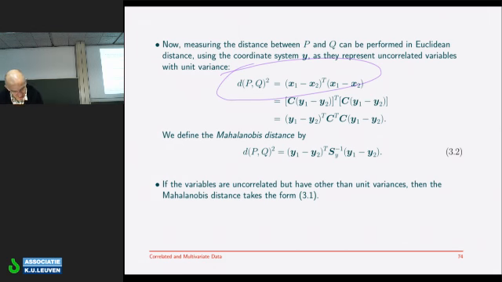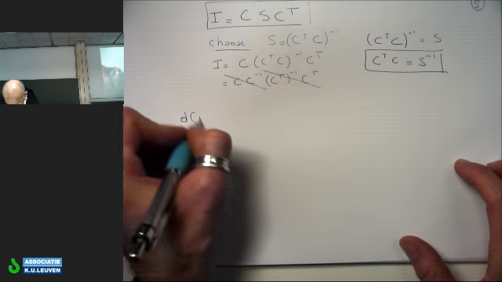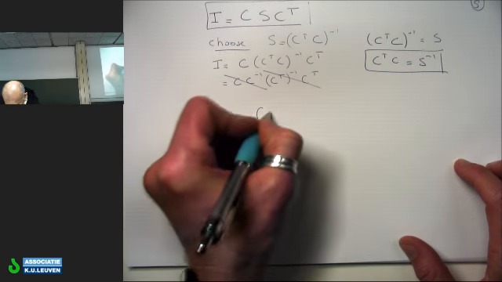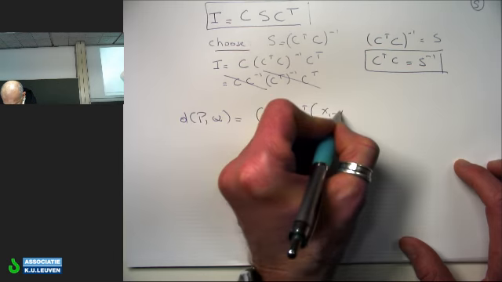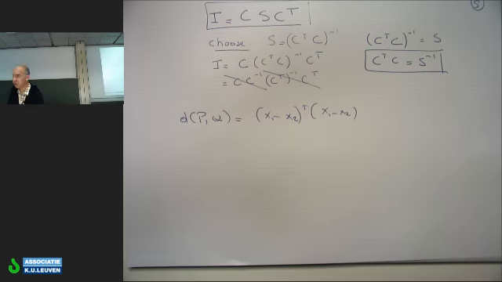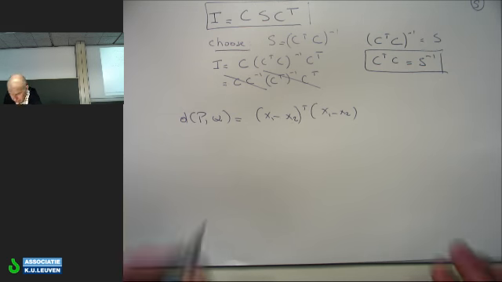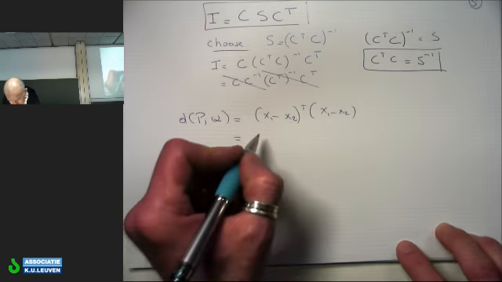All right. So if we do that now, it's a very good question because indeed it reminds us that we are doing the right thing. So if I write that down here, the distance between P and Q is indeed (x1 minus x2) transpose (x1 minus x2). Why? That's what we just said. The x's live in the Euclidean space, so there's no correction necessary. But I want to go back to the original x's.